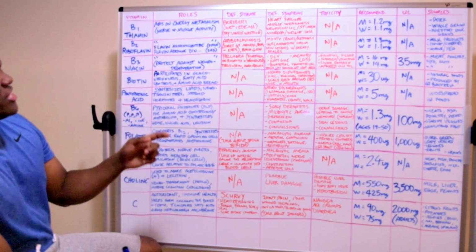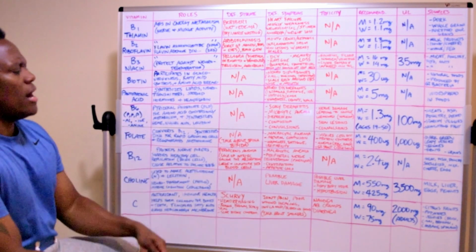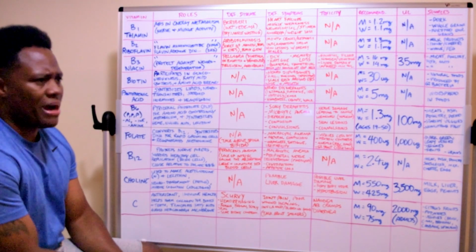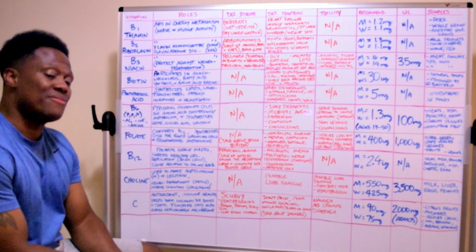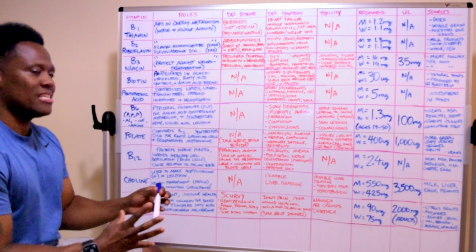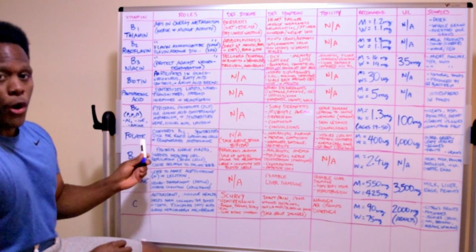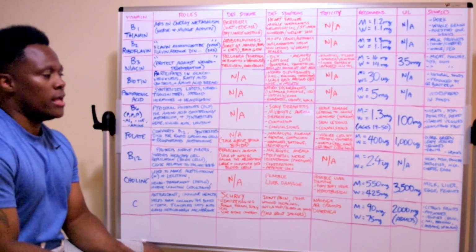Now, there is no deficiency disease, but I did want to talk about something I've read about called spina bifida. What spina bifida is, it's very common in infants. And basically it's incomplete closing of the spine. Now, folate can help with that, all right?